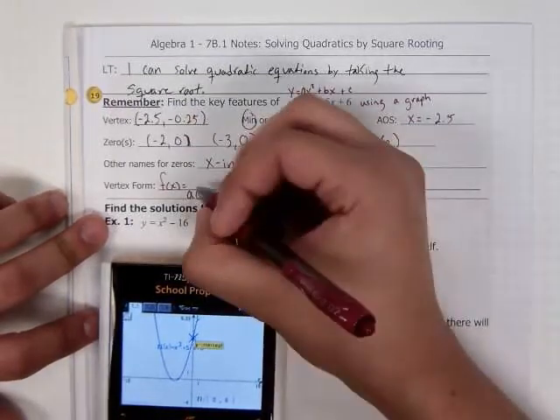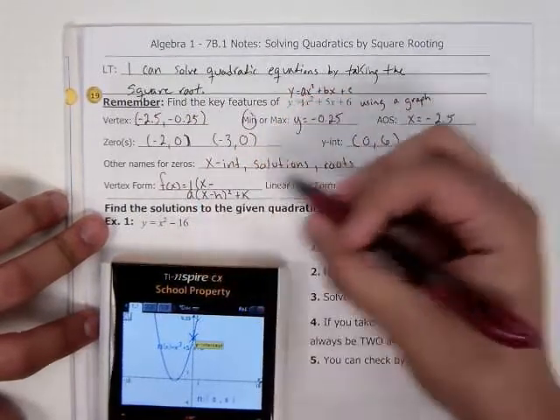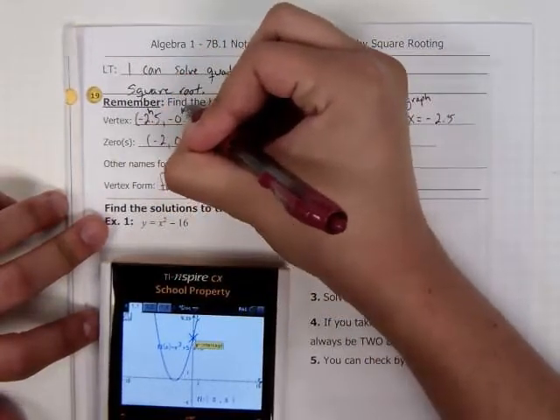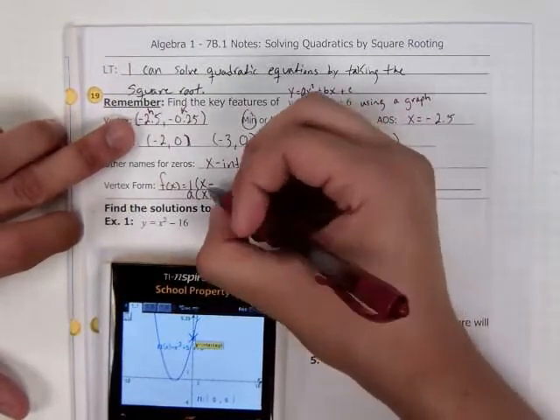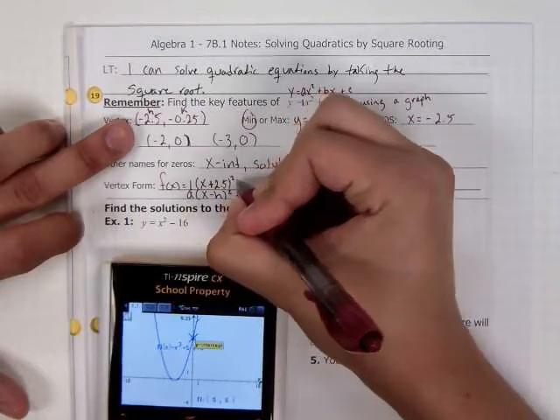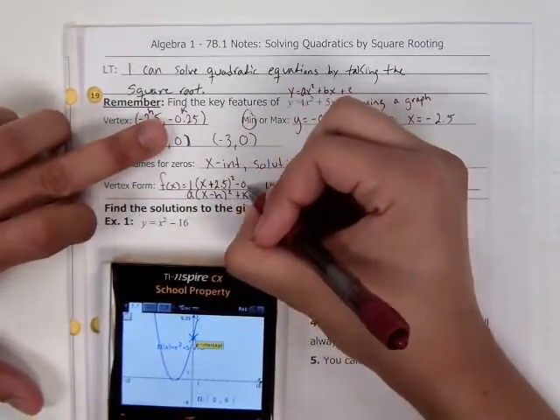So a is our number 1. Parentheses x minus, our h and k come from our vertex. This is our h, this is our k. H is negative 2.5. When there's a minus, it becomes plus. And plus k becomes minus 0.25.